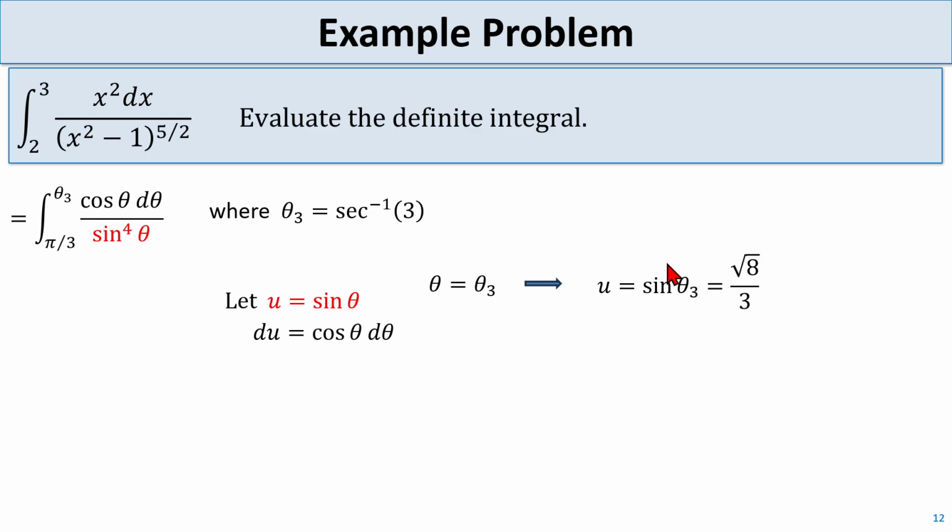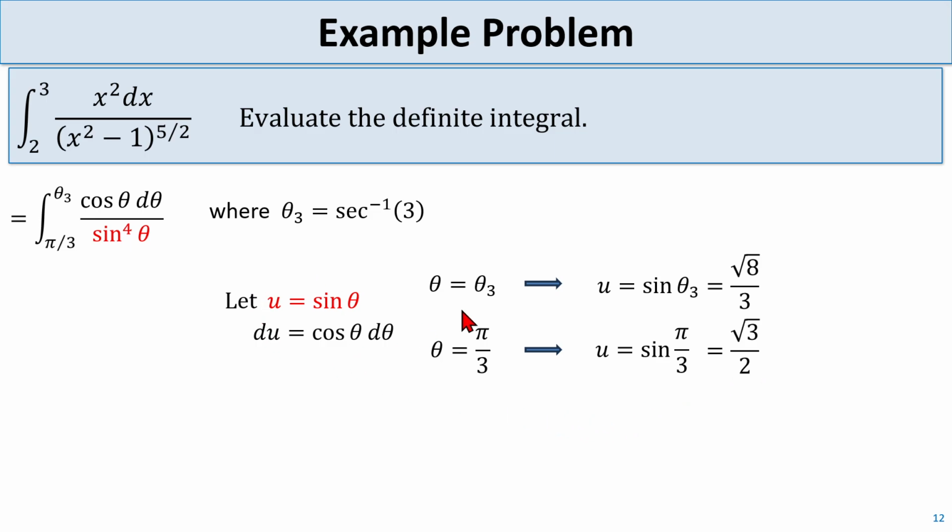You can either figure that out by making a right triangle such that secant of theta is equal to 3, or you can use a calculator. Either way, you end up with the square root of 8 over 3. The lower limit of integration also needs to change. Right now it's a value of theta, and it's pi over 3. When theta is pi over 3, u is going to equal sine of pi over 3, which is root 3 over 2.